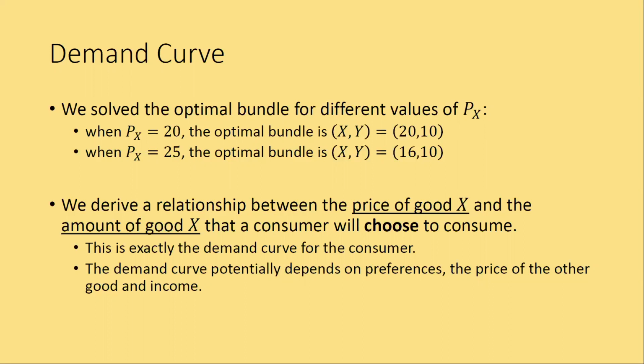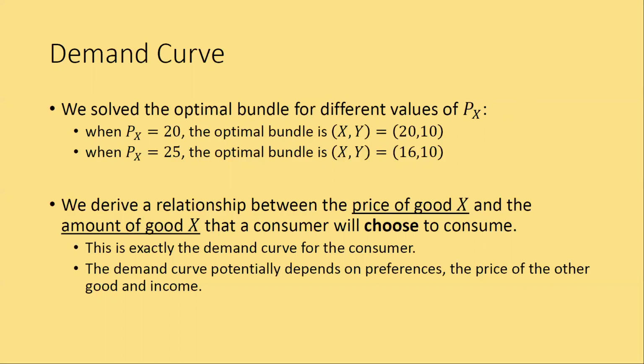It is the quantity of good x that the consumer will demand, based on the price of good x, holding some outside conditions constant, which is the consumer's utility function. We are not changing that. The price of the other good, the price of good y, we are holding that constant, as well as the consumer's income, right?